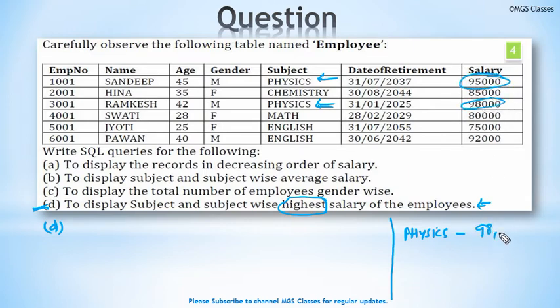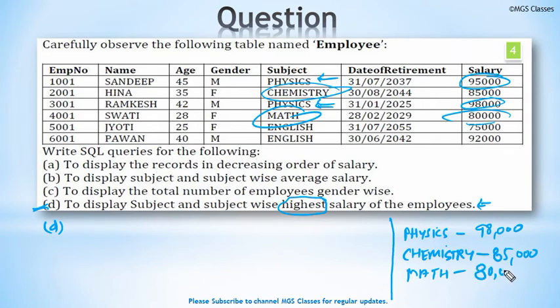So he wants output like this: 98,000, not 95,000. Then chemistry has only 1 employee, so the output will be chemistry 85,000. Then math subject will have the output 80,000 because only 1 employee is there, so the maximum will be the same. And English subject has 2 employees, so which one is the maximum? 92,000 is the maximum.